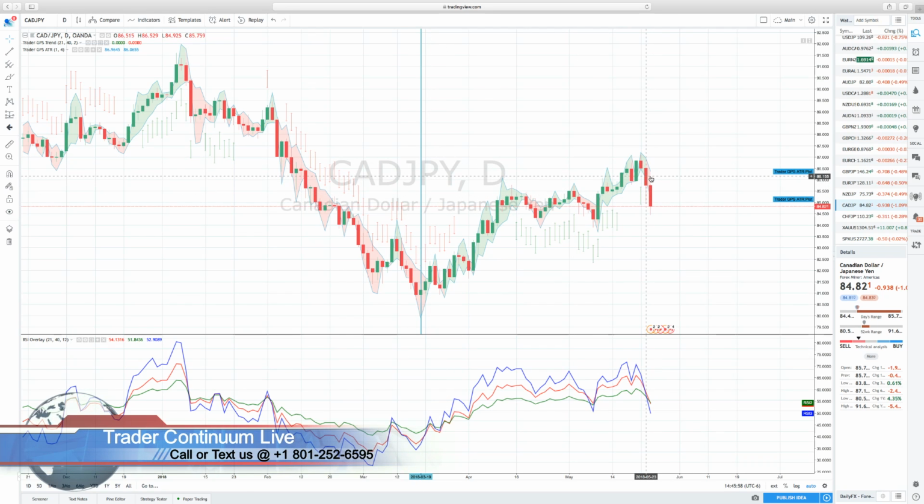The Japanese yen had something happen on, let's see, Thursday night, Wednesday morning, that increased the strength of the Japanese yen considerably, and we've been dropping against it ever since.